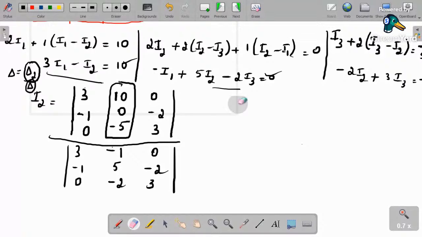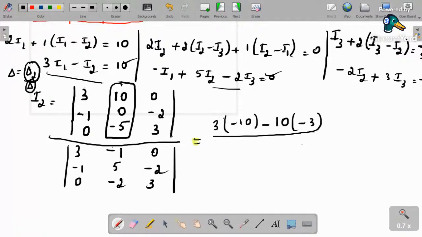Okay, fine. So determinant you find panningna your answer will be 0. Okay, so you'll get 3 into minus 10 minus 10 into minus 3, divided by, I mean here denominator edutona it is 3 into 15 minus 4, right?